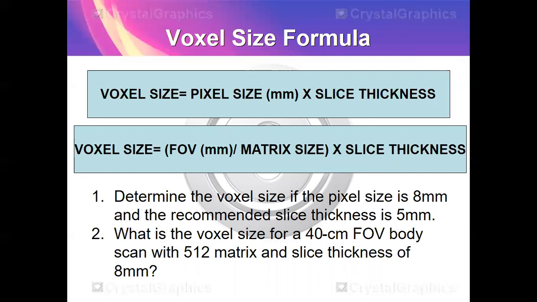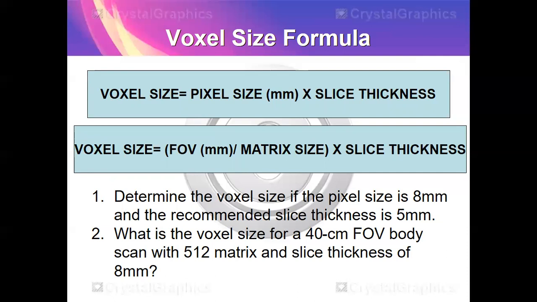So if we're going to calculate the voxel size, kapag hindi naman given yung pixel size, yung given is FOV and matrix size, you can also do that. So FOV divided by matrix size. Saan nanggaling yan? Di ba yung ating formula kanina, pixel size is equal to FOV divided by matrix size. So again, we can use either of the two formulas, depende kung ano yung given.